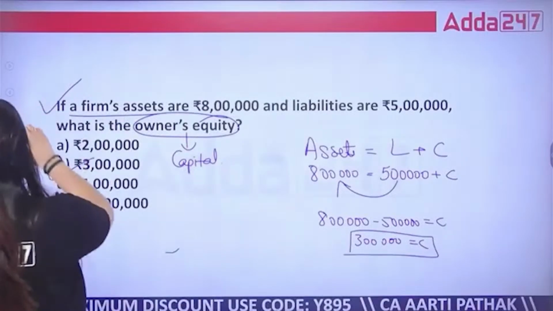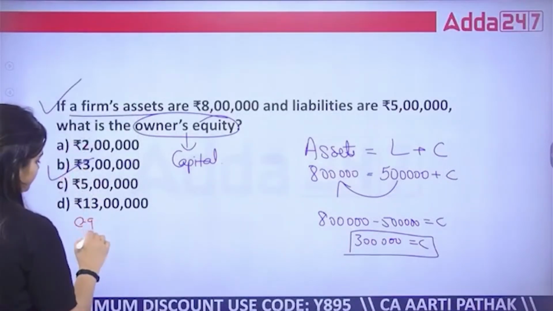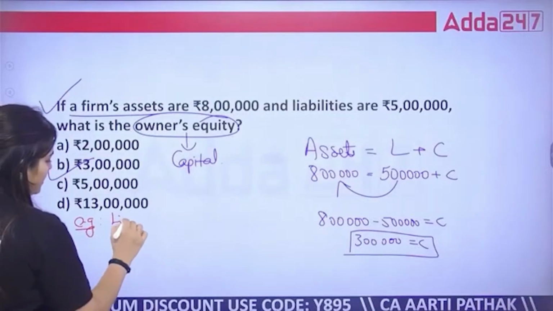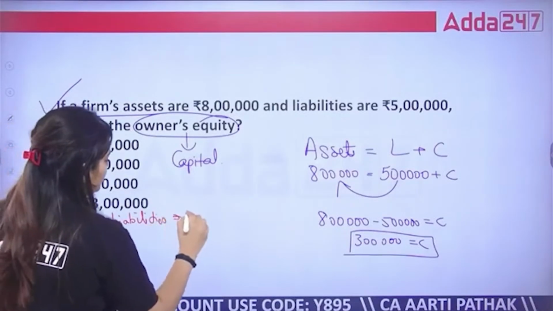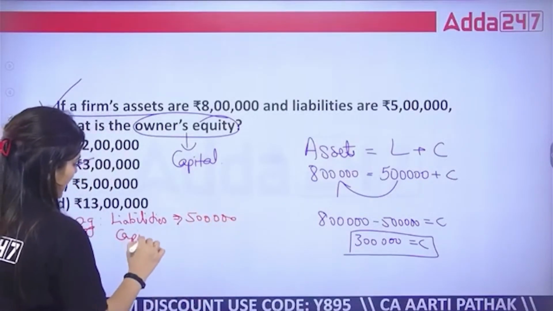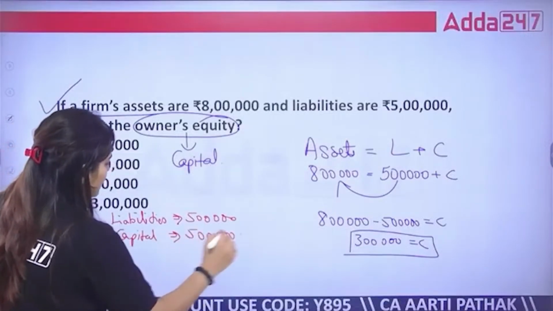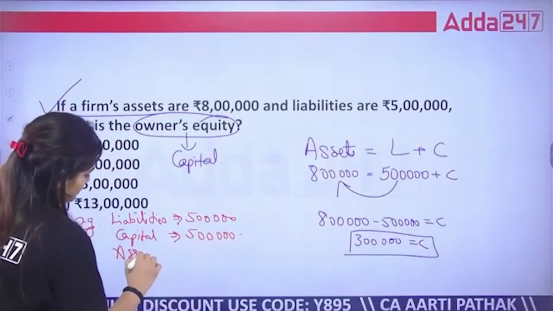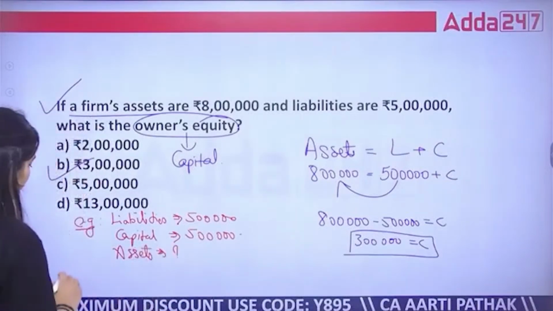Okay, let me give you one more example here. If liabilities equal 5 lakhs, capital equals 5 lakhs, can you tell me the value of your assets? Of course. What is the equation?